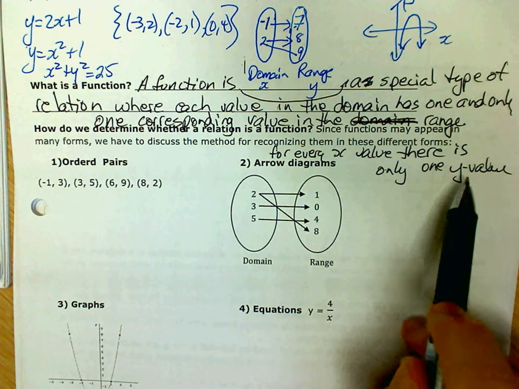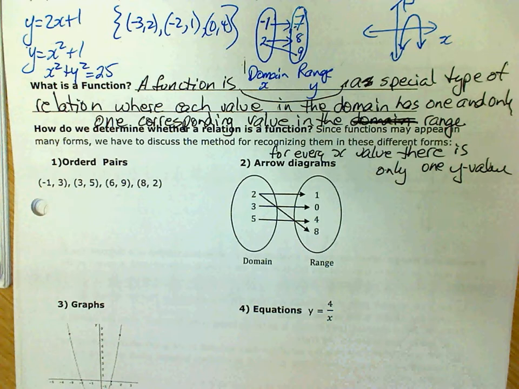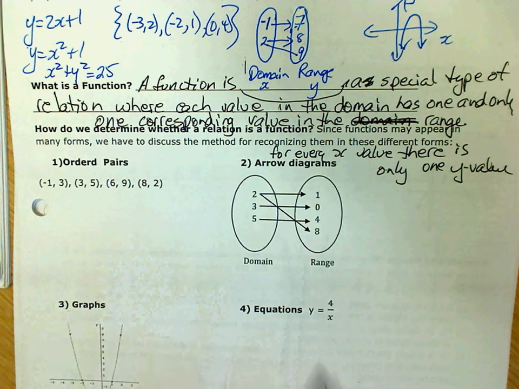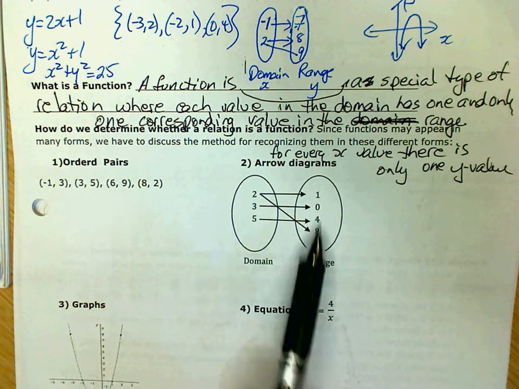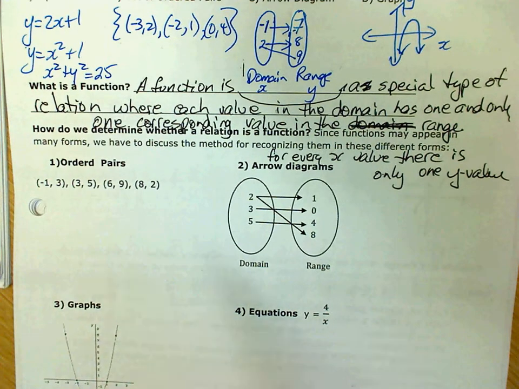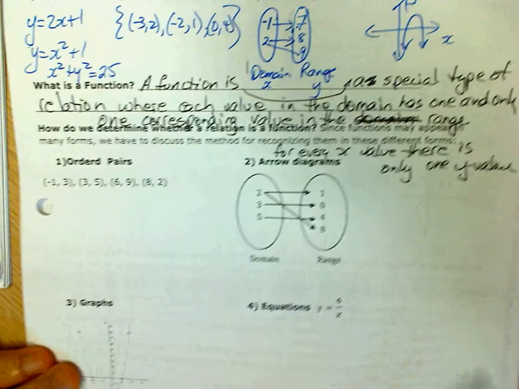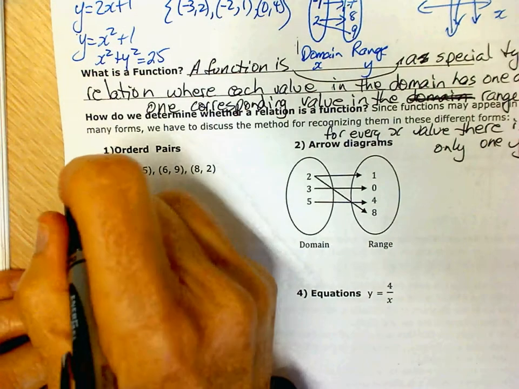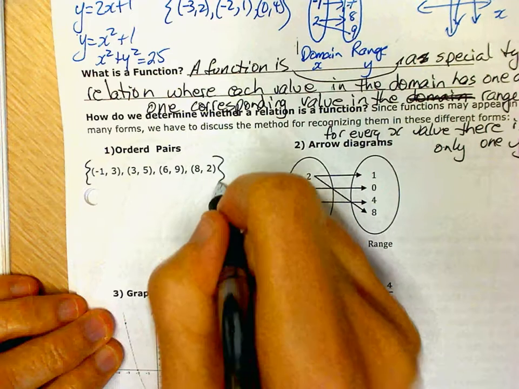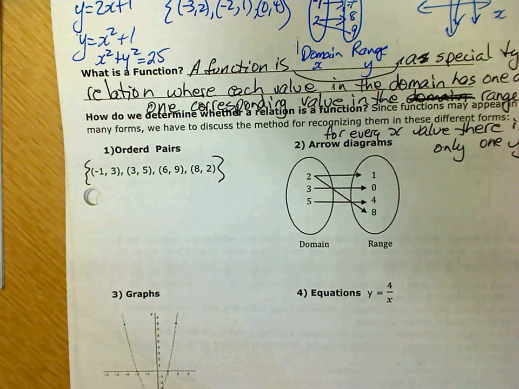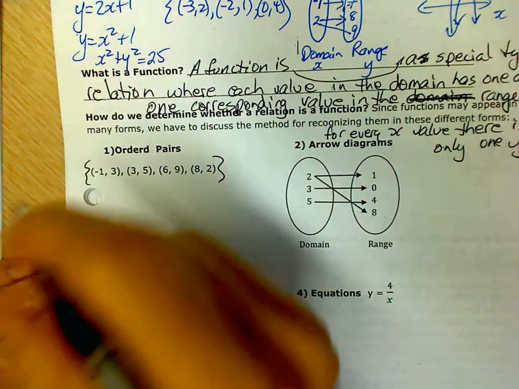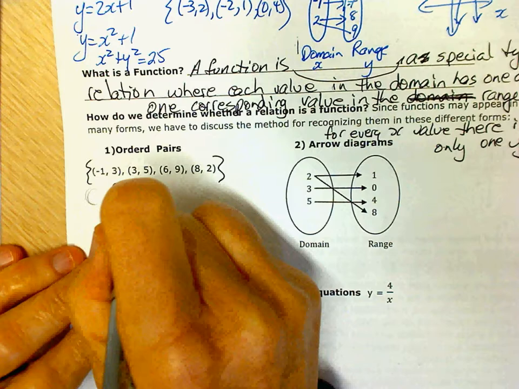So there's different ways to represent functions and relations. So let's look at each scenario and see how we're going to determine whether it's a function or not. So if you're given a set of ordered pairs, ask yourself, does any x value repeat?